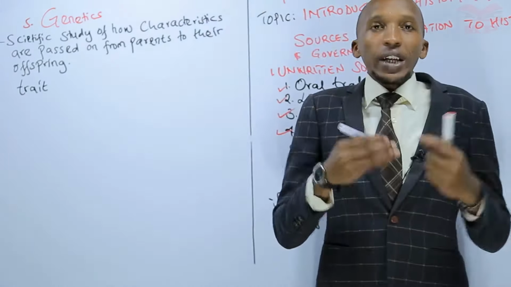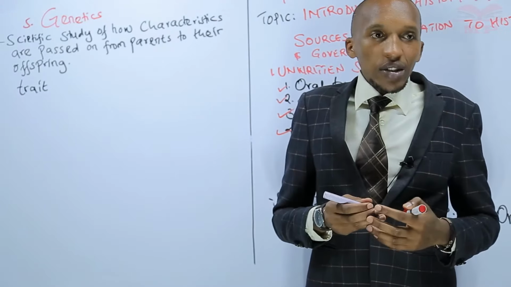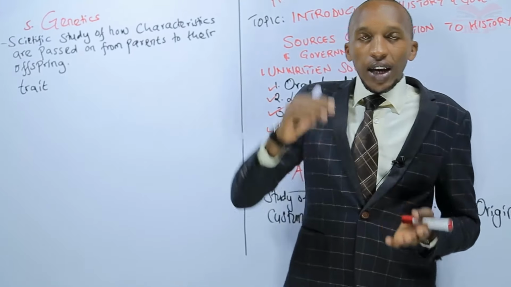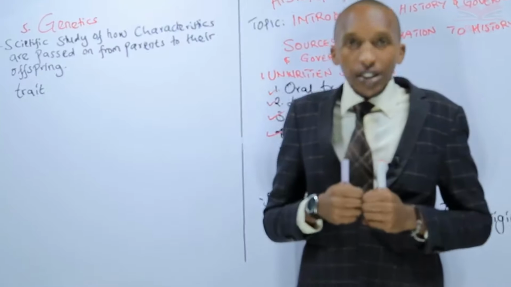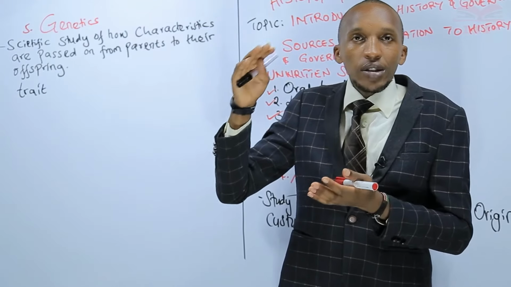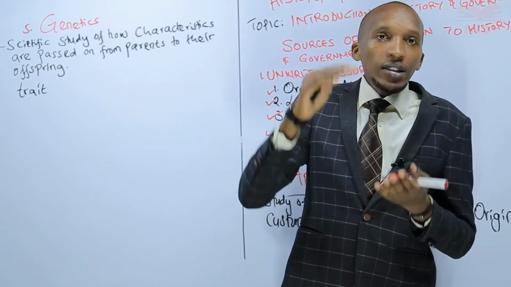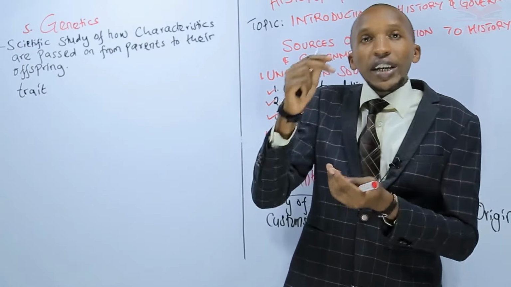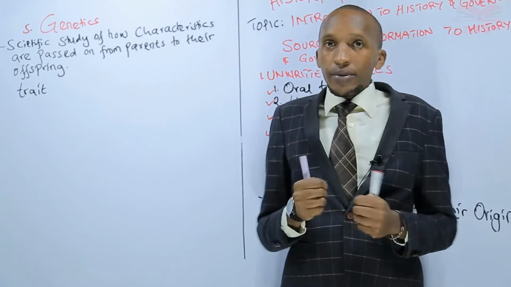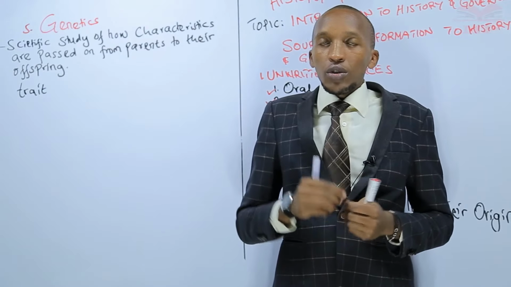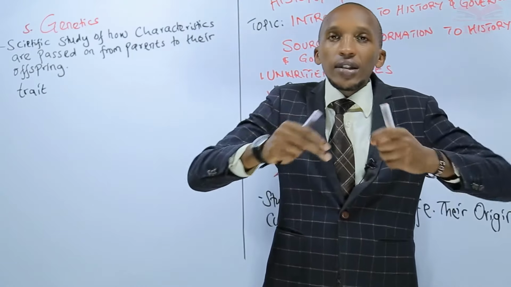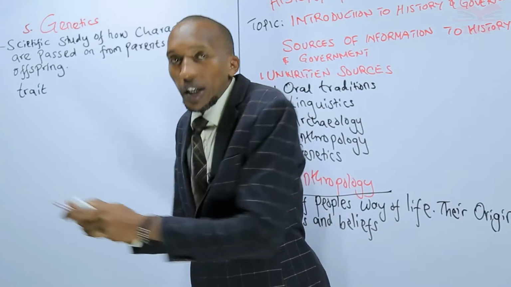You might find that the parents are light skinned and tall, like myself. The mother is light skinned and tall. The father is light skinned and tall. You do not expect the offspring of those two to be dark and short, because the characteristics of the parent have to be passed on to the offspring.